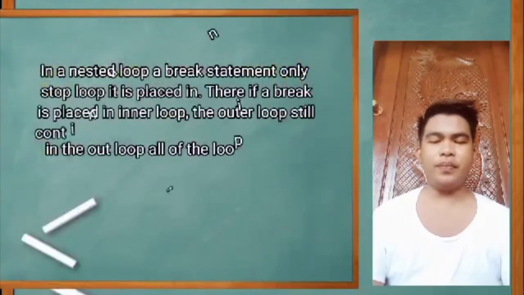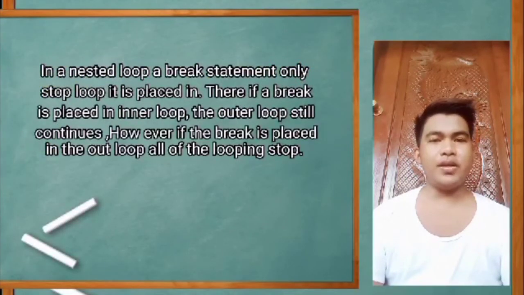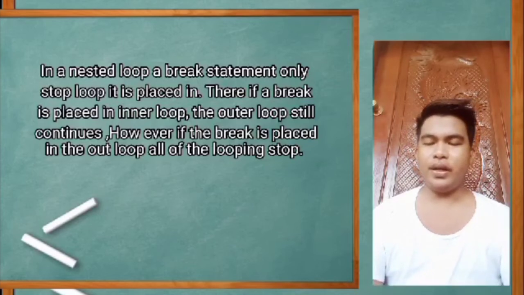In a nested loop, a break statement only stops the loop it is placed in. Therefore, if a break is placed in the inner loop, the outer loop still continues. However, if the break is placed in the outer loop, all of the looping is stopped.